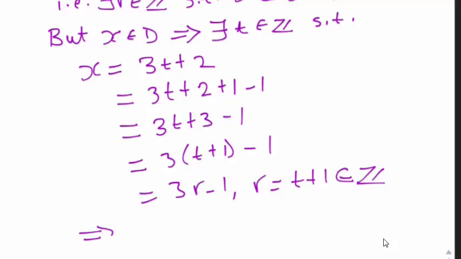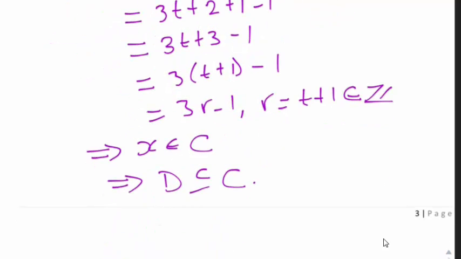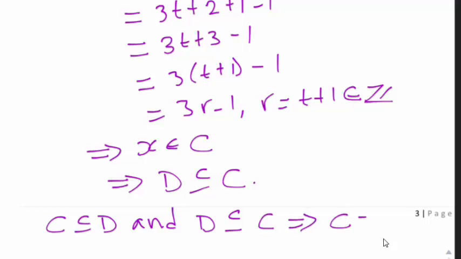But that simply means that X is an element in C, and that simply means that D is a subset of C. C is a subset of D, and D is a subset of C, would imply that C equals D. And we're done.